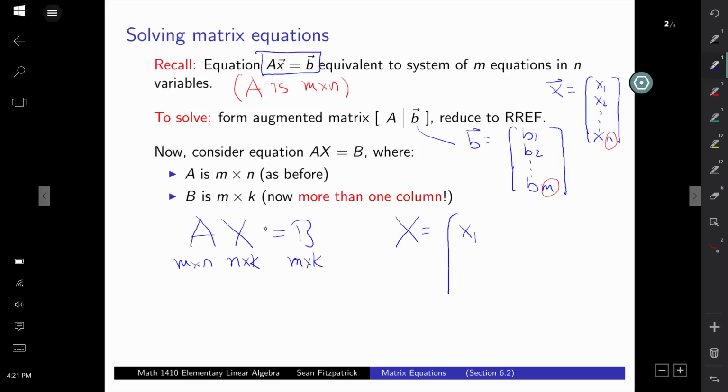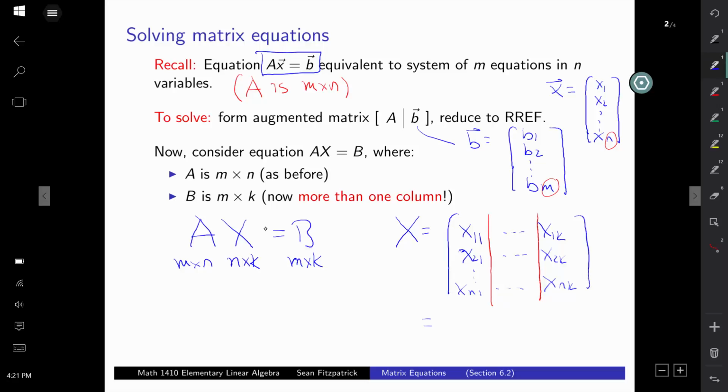If I write x as x11 all the way across to x1k, x21 across to x2k, down to xn1, xnk, I can chop this matrix up into columns.